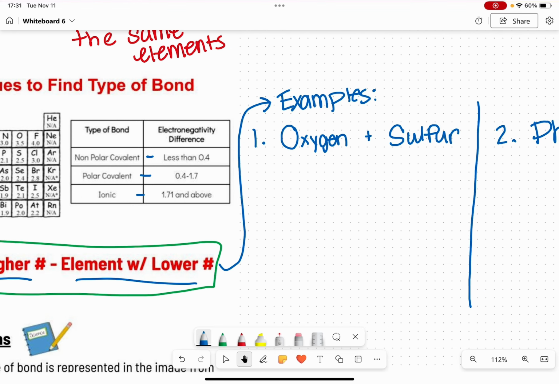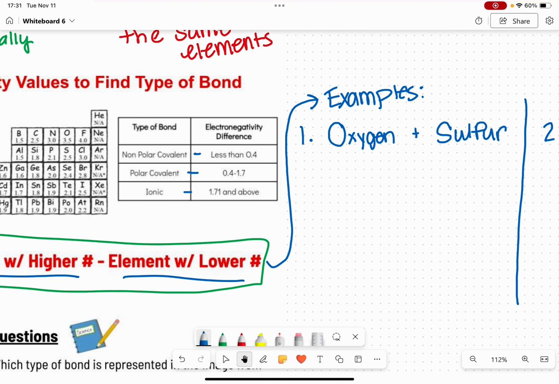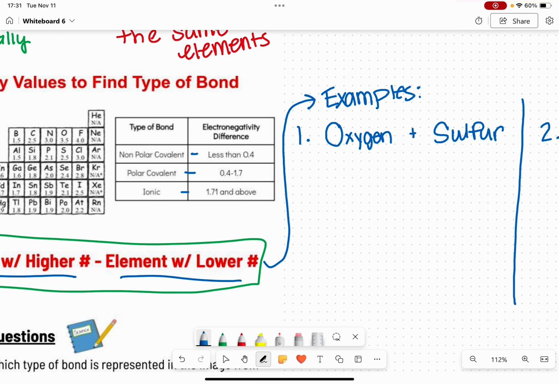So we're going to do oxygen and sulfur first. Looking at my chart, oxygen has a value of 3.5 and sulfur has a value of 2.5. So I'm going to do bigger number minus smaller number, 3.5 minus 2.5, which gives me 1.0.